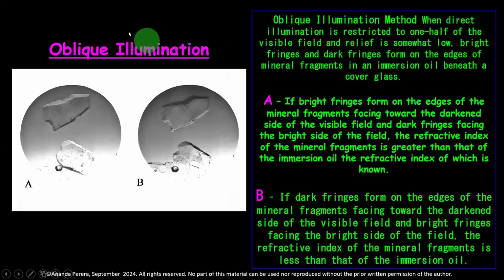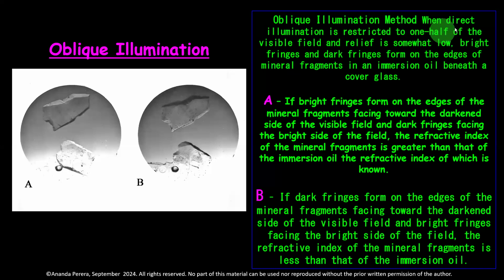Now, oblique illumination. You know the meaning of oblique illumination. A and B, see, A and B are different. Same stones, inclusions, watching in a different way. What is oblique illumination?